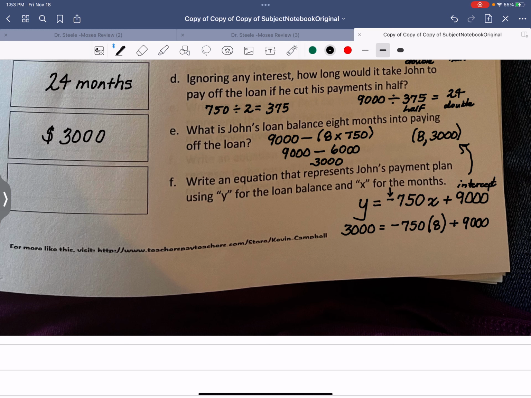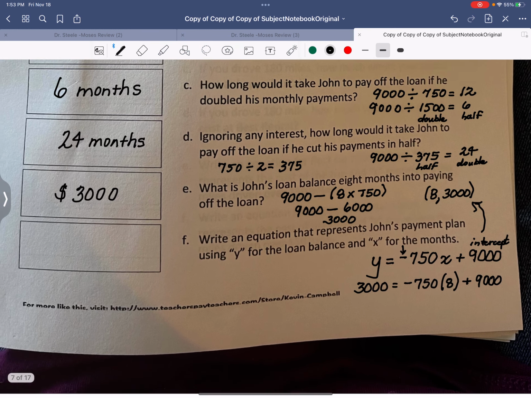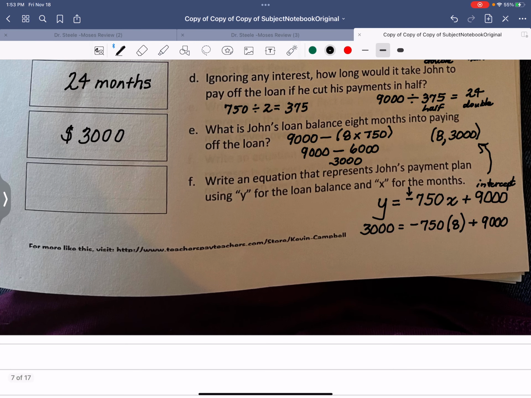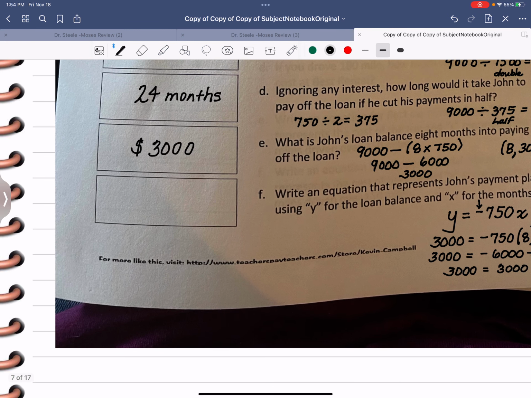So let's see if this math proves to be true. 3,000 equals negative 6,000 plus positive 9,000. And sure enough, that equation balances. So I know that equation is true. The equation you're looking for is balance equals negative $750 a month payment plus the starting point.